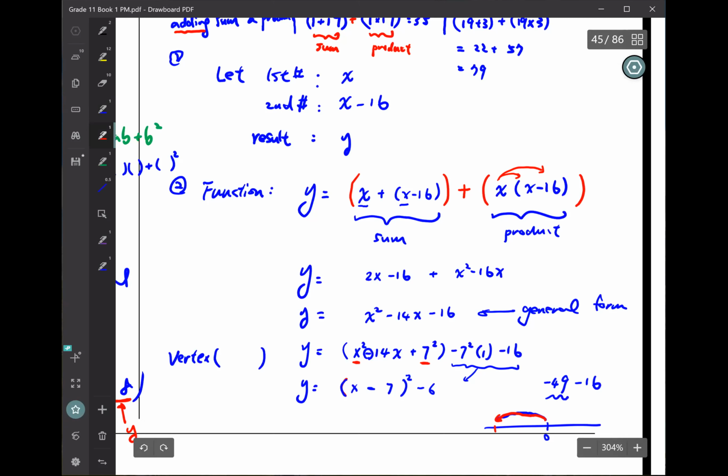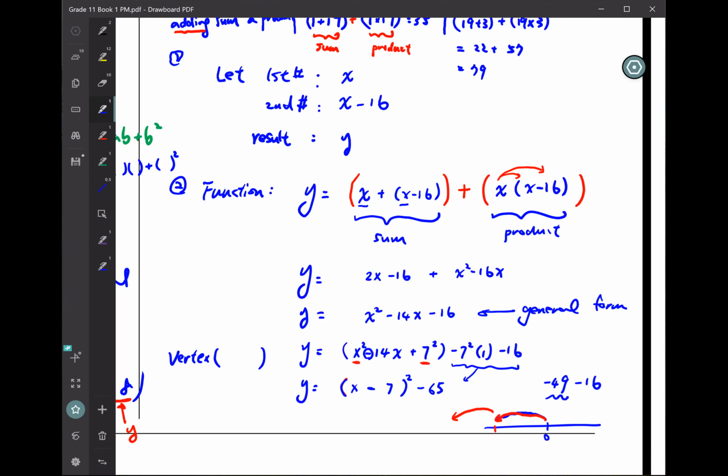And then minus 16, you keep on going to the left, 16. So it's very far to the left. So the answer will be negative 65. You were close, okay, negative 65.